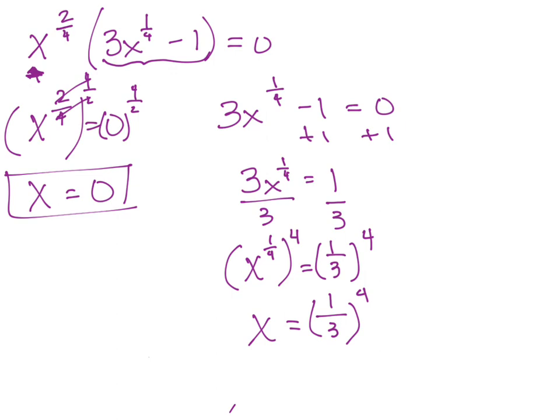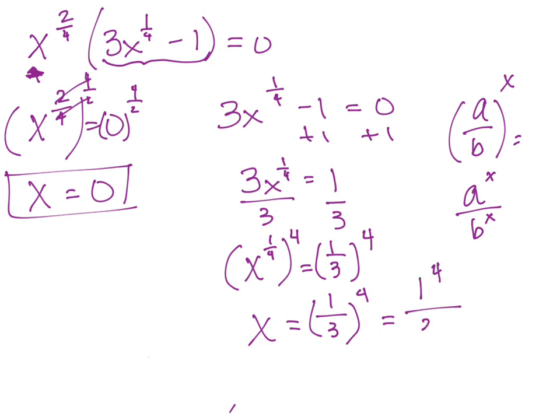If I have a over b to the power of x, that becomes a to the x over b to the x. Yeah. Both pieces get the power. So in this case, we'll have 1 to the 4th over 3 to the 4th. 3 to the 4th is 81. So our answer here is x equals 1 over 81.